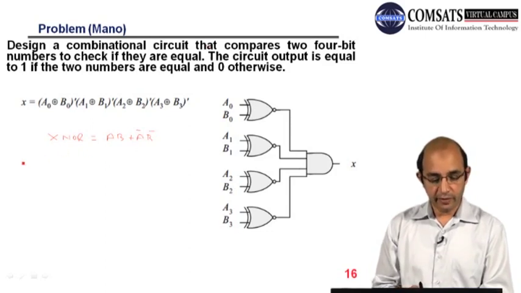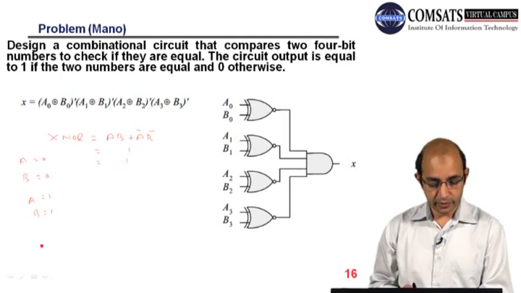So you can see if I have A is equal to 0, B is equal to 0, so what I will be having? I will be having 1. And if A is equal to 1, B is equal to 1, again I have a 1. So this is another possibility, A is equal to 0, B is equal to 1.